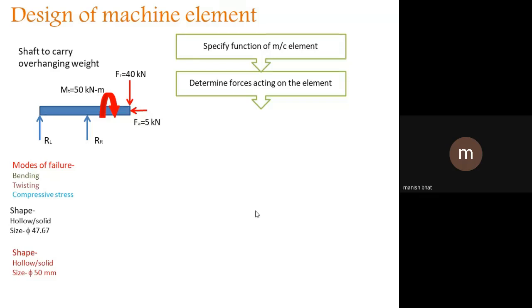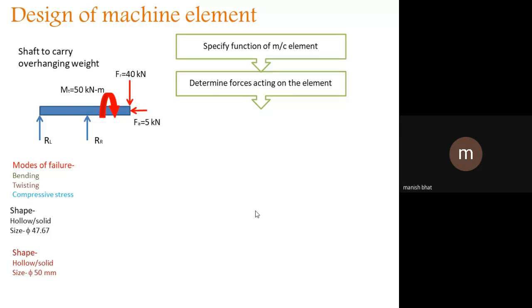Depending upon direction, I will be saying the force is radial or axial, or it is tangential. So depending upon direction, we are in a position to classify forces in terms of axial force, radial force, tangential force.